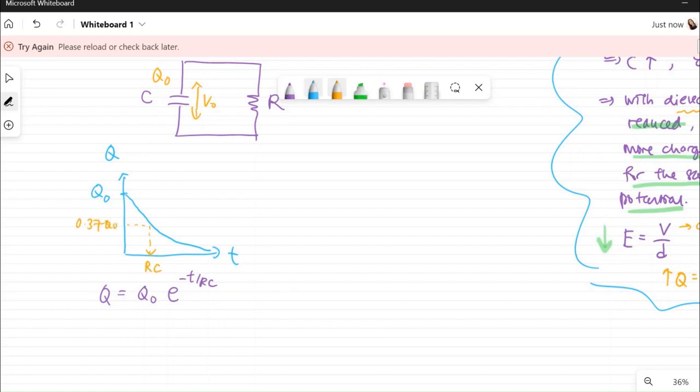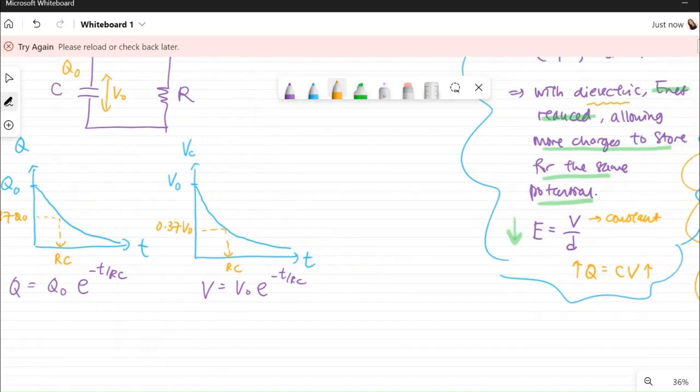However, the voltage across the capacitor is also reducing exponentially. So here is VC, the voltage across the capacitor. It will drop from the initial value of V0, reducing exponentially, and the expression is V equal to V0 exponential negative T over RC, where RC is the time for the voltage to drop to 37% of the maximum value.